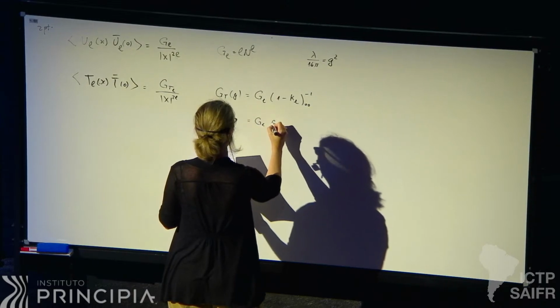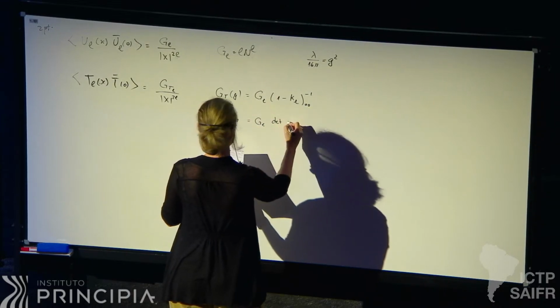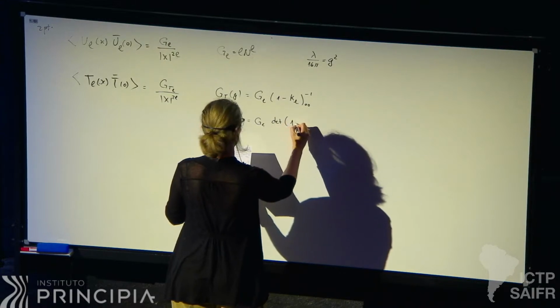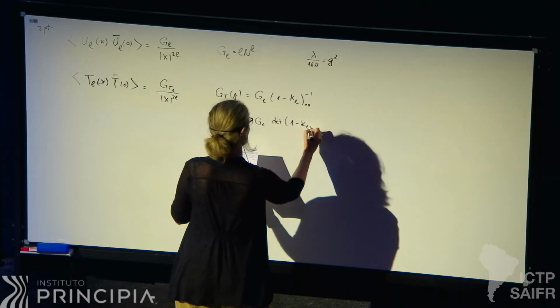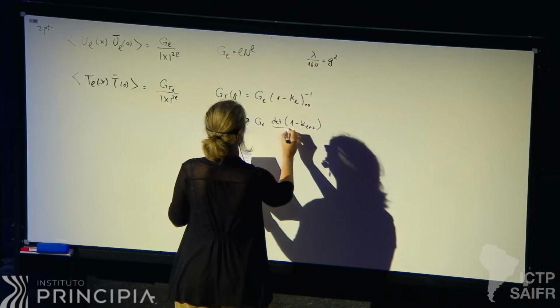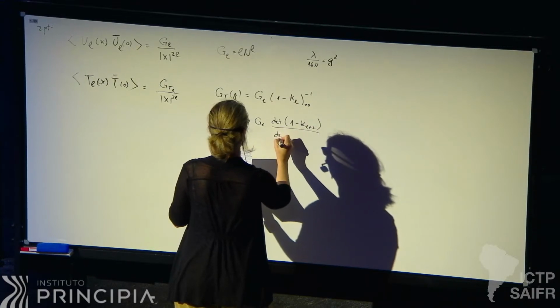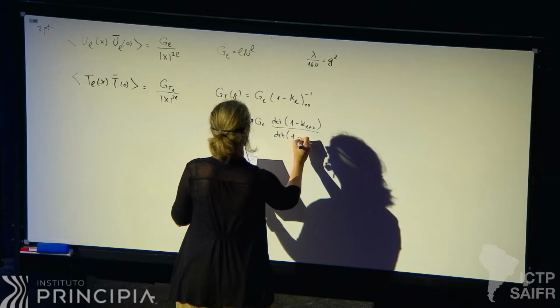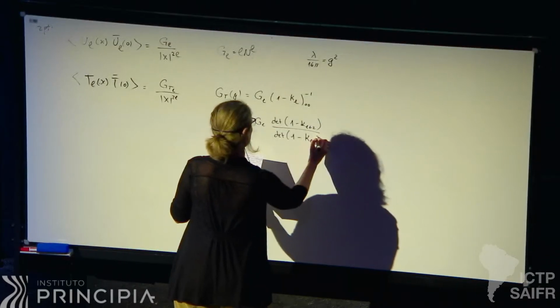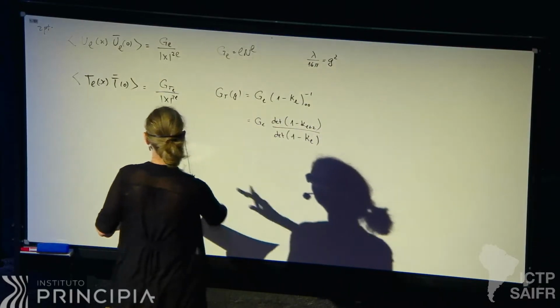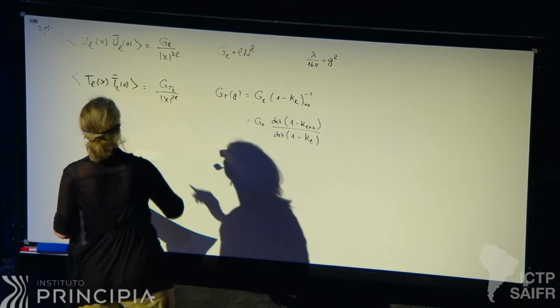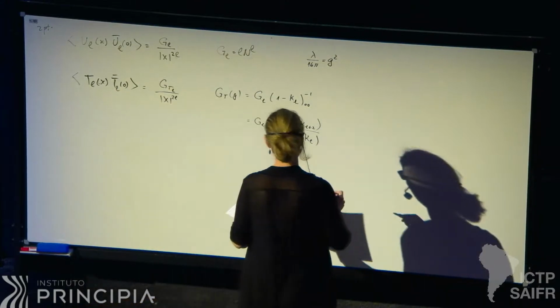So this can be written as a kind of Fredholm determinant, which depends on a parameter which is called L and which is given by the length of the operator.